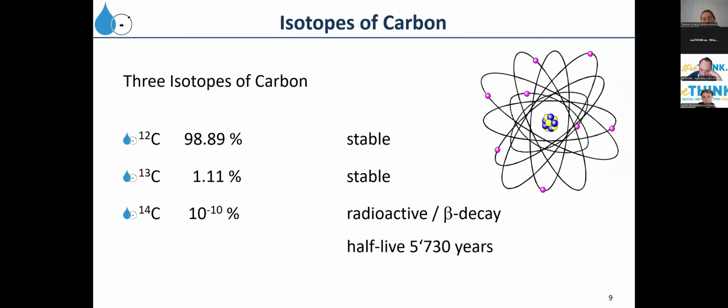These stable carbons do not change in their amount of isotopes around the whole world. The third and least common is carbon-14, which is a radioactive isotope with a beta decay, and it has a half-life of 5,730 years.